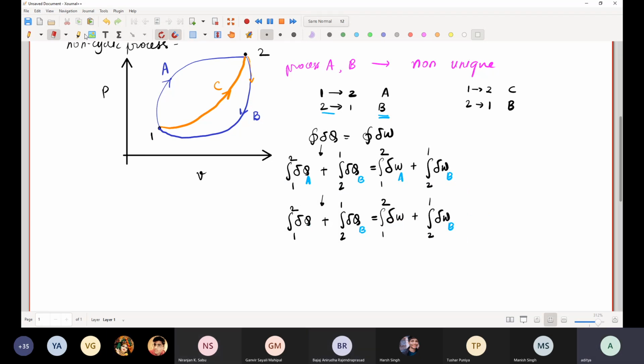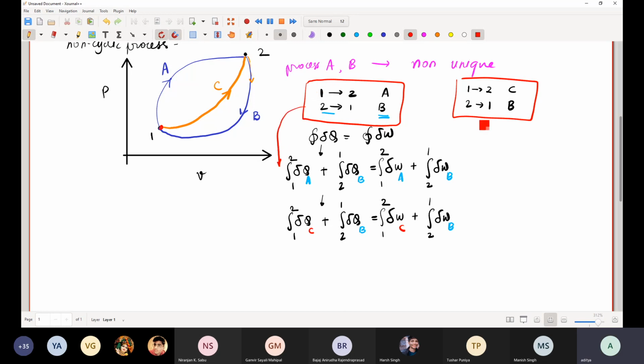Well, now I can simply write the same formula for process CB, meaning I go from state 1 to state 2 using process C, and I go from state 2 to state 1 using process B. So here I can simply write C, the other process still remains B. Okay, so this process yields this equation while this process yields this equation.